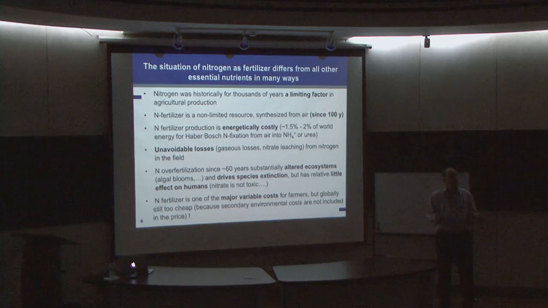For potassium, the situation is quite similar. It will also run out. There are some expectations it lasts a little bit longer than phosphorus. But nitrogen nowadays is an unlimited resource because we can synthesize nitrogen from air.